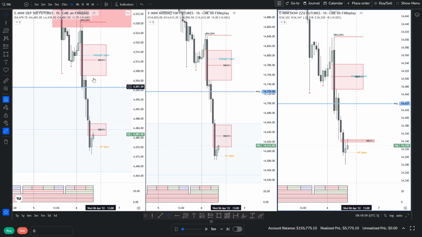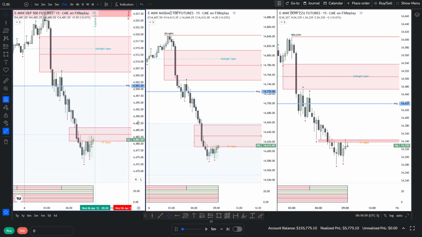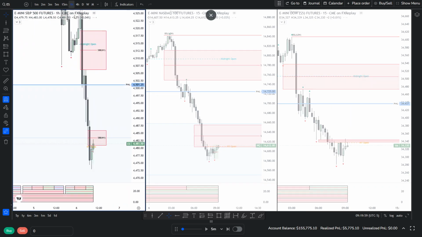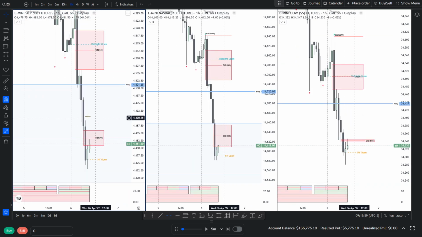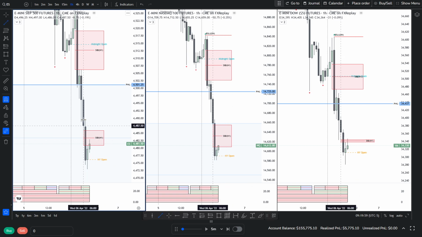Okay, so market's traded up into the newly created SIBI. Now, I've said this before. These two levels, for me, they're not that strong.